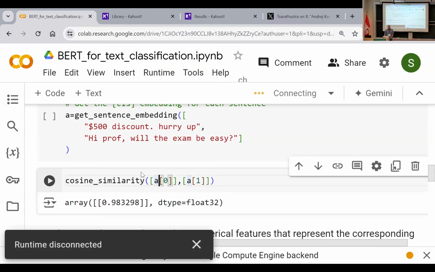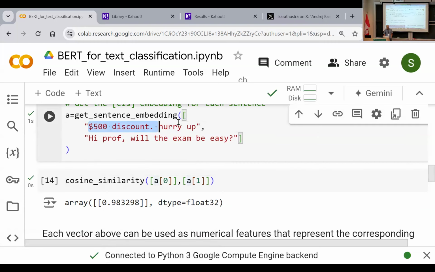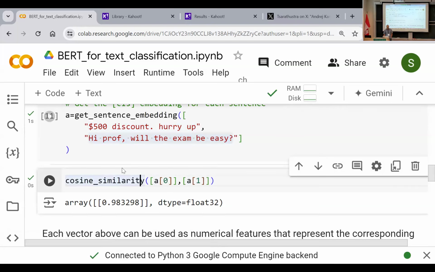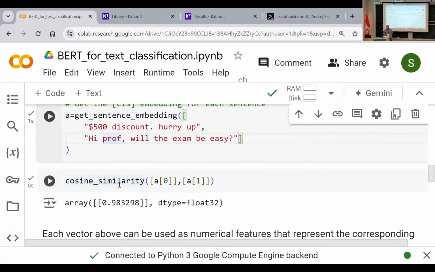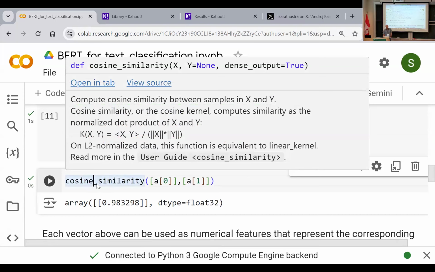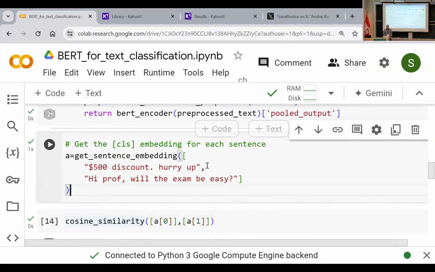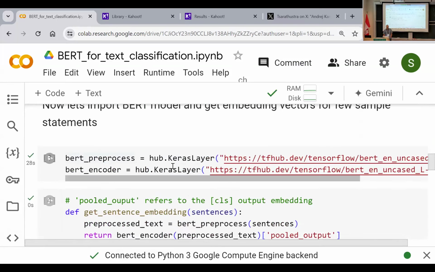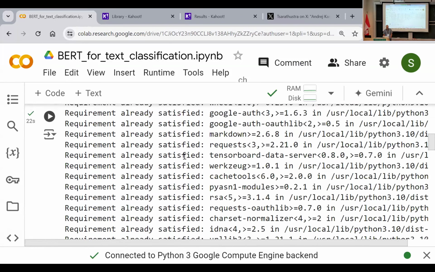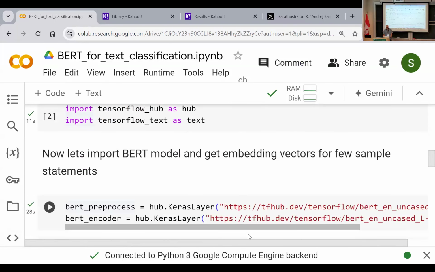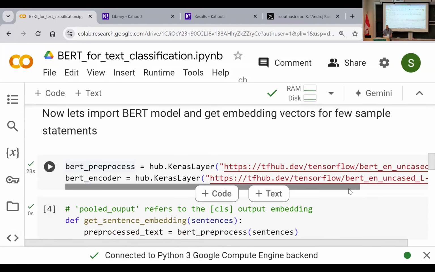No. BERT embeds these two such that their CLS tokens have a relatively high cosine similarity. But there are many reasons for this. It could be the case that the BERT we have loaded, what is it?